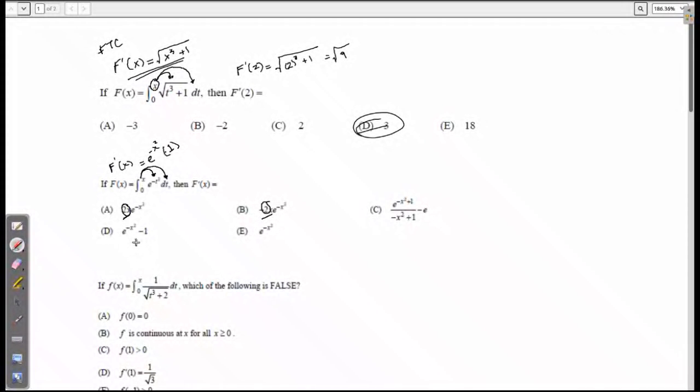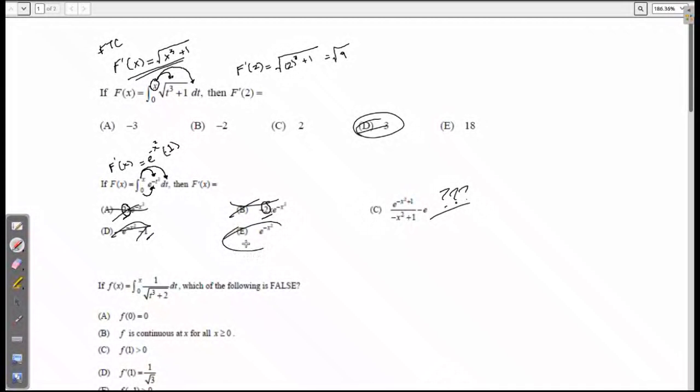Down here, they're really hoping that we're going to substitute a 0 into this function as well. And that's where they're getting this choice here with this minus 1. All of these are bad. And I have no idea what's happening over here, so we'll just leave that for now.